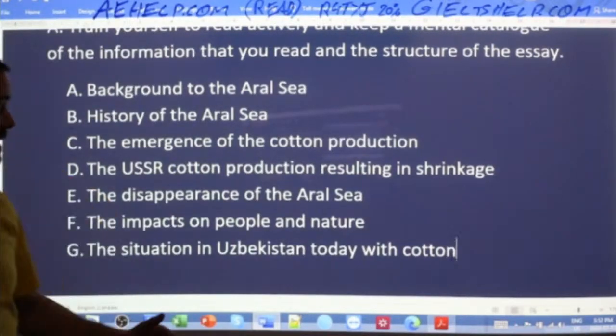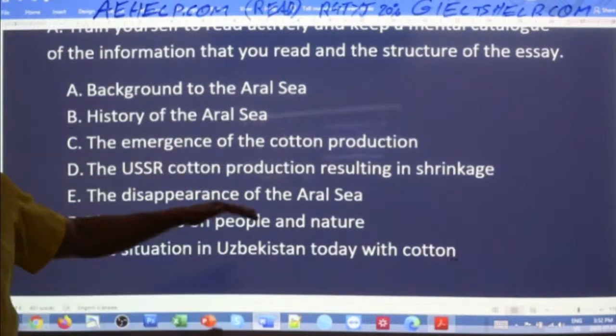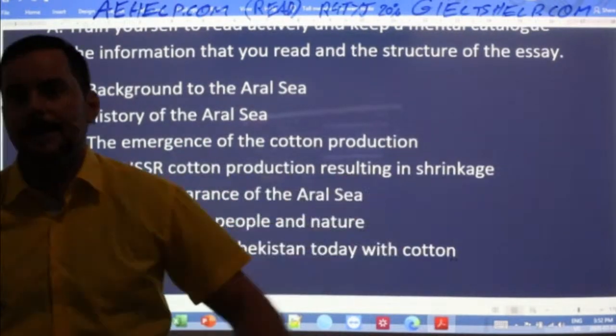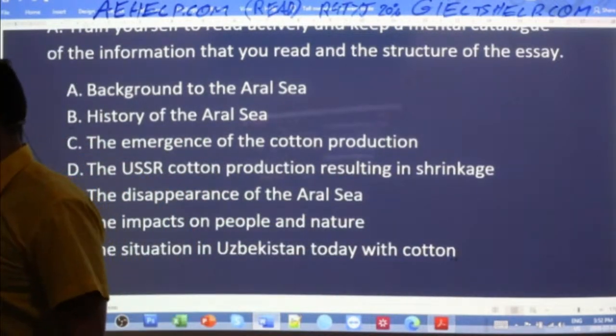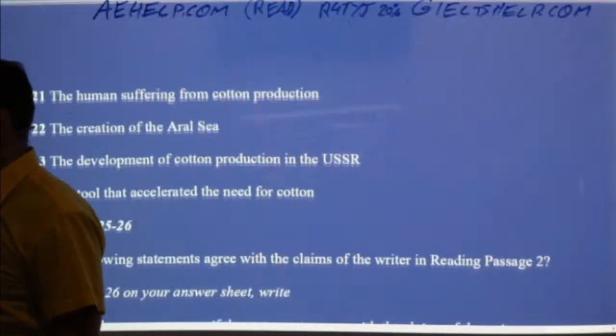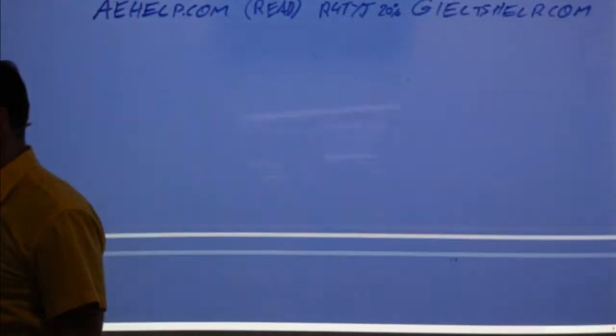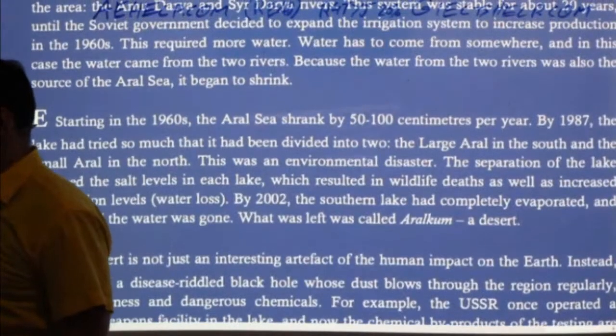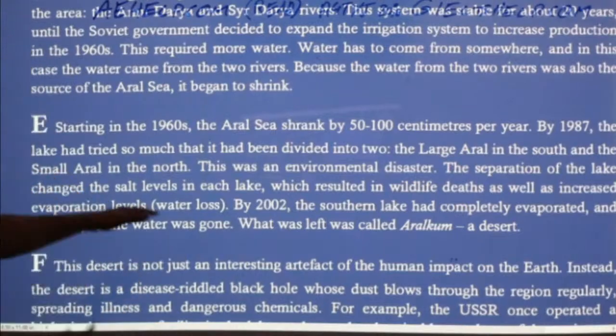So I would say that that one came somewhere from here. And if I'm not sure, I can check that, but I'm definitely going to check later on in the passage, not in the beginning. So I would check from here.